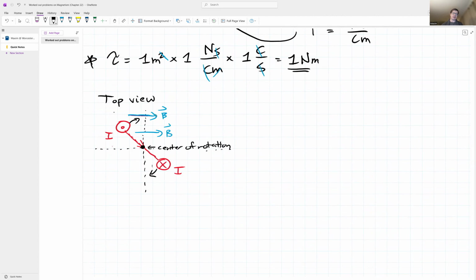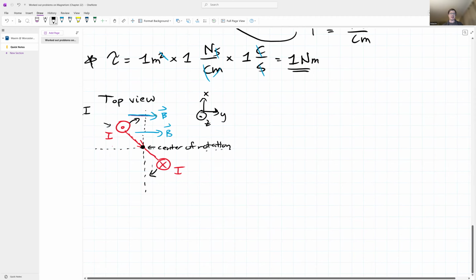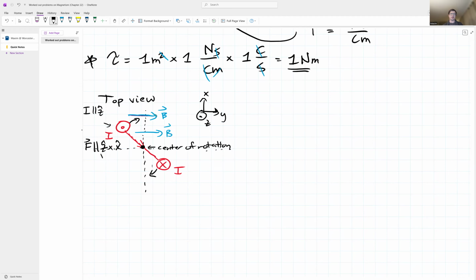Okay, so let's just check to make sure we understand which way the forces are. If the current is going out at us into the board on this side, let's set up our coordinate system again. You can use the same one all the time if you want. So on this side, the I is parallel to z hat, and B is still along positive x. So the force on this one over here is parallel to z hat cross x hat.